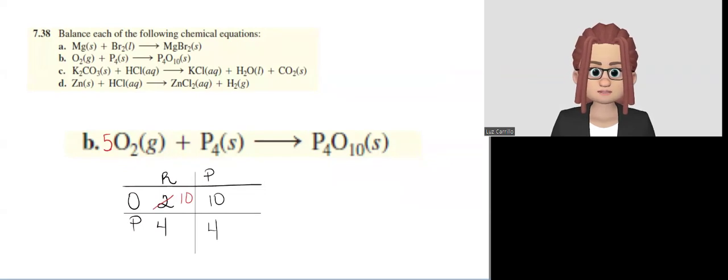As you can observe, I didn't place a coefficient on P4 or P4O10, but they do have coefficients. The coefficients that they have will be a value of 1. So I want you to take a moment and balance reaction D.